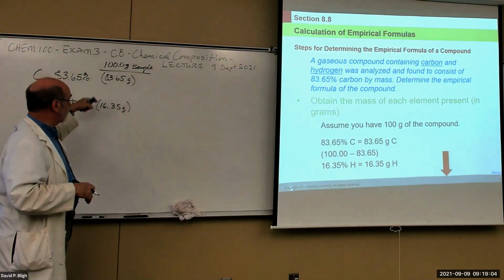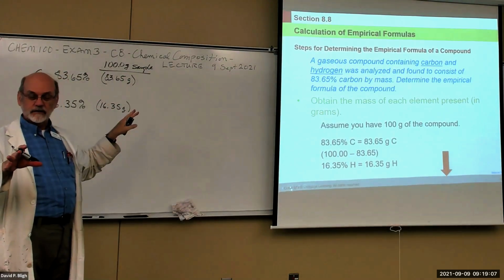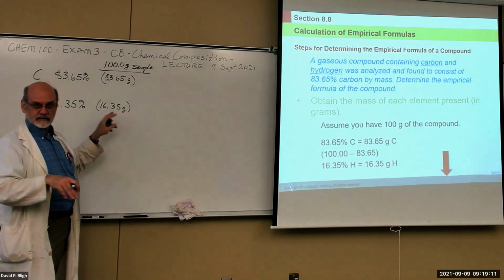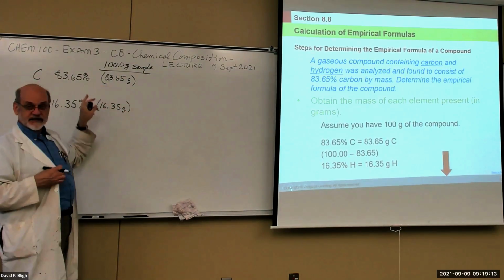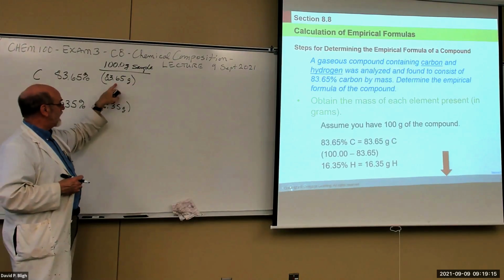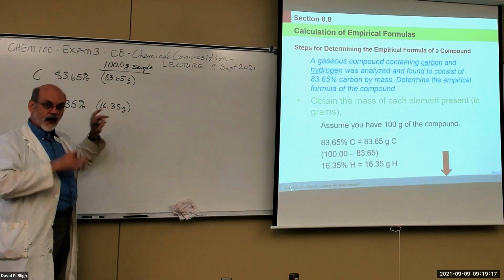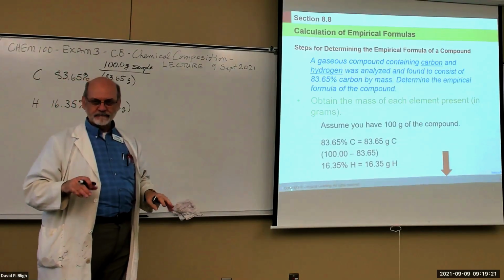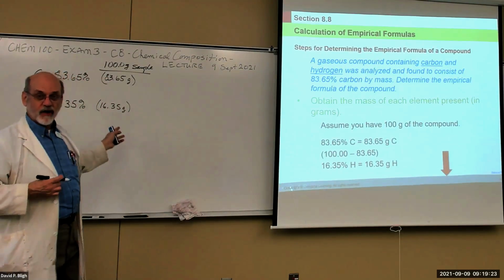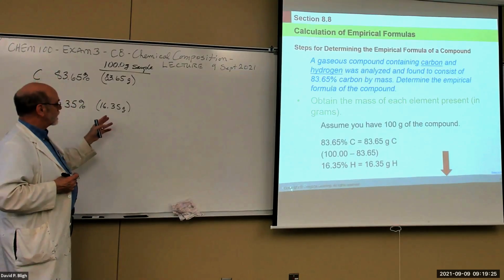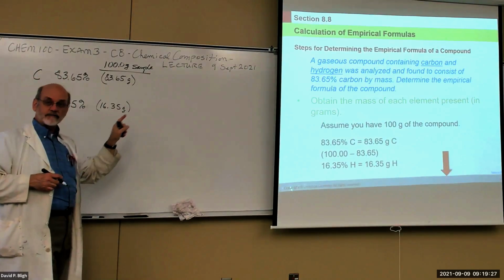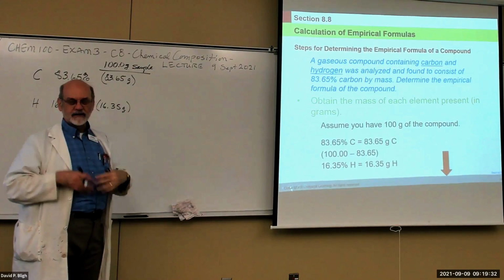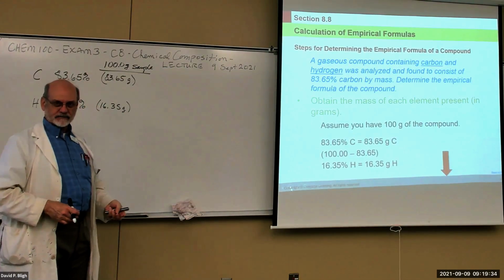Now, this ratio of mass is true, right? Proust said that. He said that this is definite composition. That mass ratio to this mass is always the same for that compound, no matter where it comes from. But that doesn't help us solve the problem. It just says we have this ratio of mass. If we convert these to moles, then the ratio of moles will also be a constant.